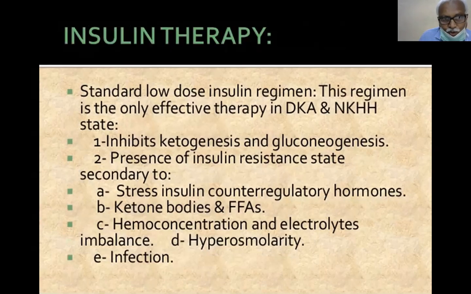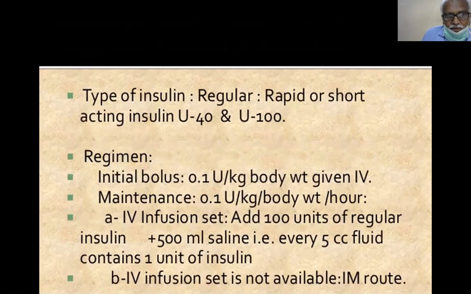So a standard low dose insulin regime should be given, and it inhibits ketogenesis, in the presence of an insulin resistant state secondary to stress, insulin counter-regulatory hormones, ketone bodies, hemoconcentration, electrolyte imbalance, hyperosmolarity and infection. Type of insulin: rapid or short-acting insulin, up to 40 to 100.